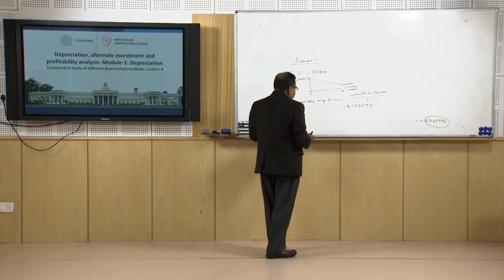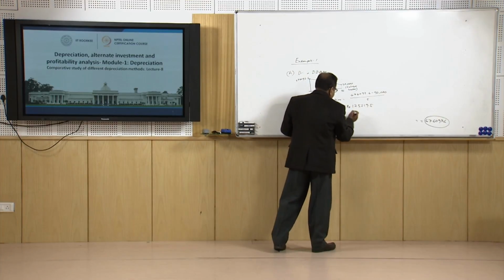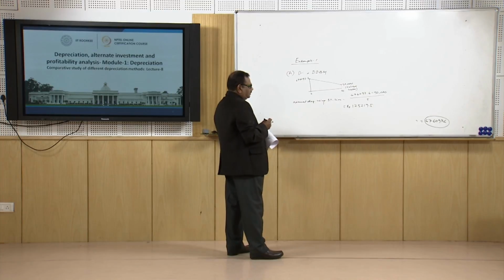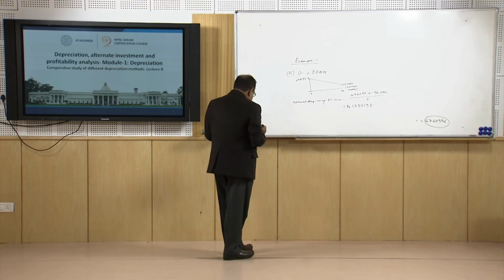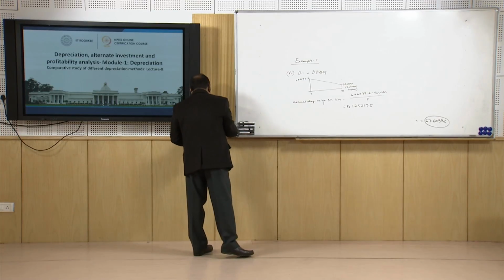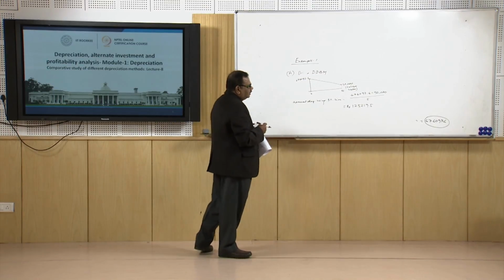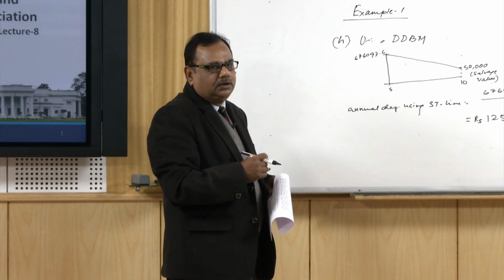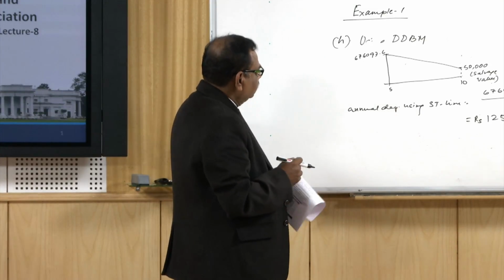So, this is the amount of straight line depreciation which remains constant for the next 5 years, and accordingly the book values are being calculated. So, you can see the table and check the book values and the depreciation.